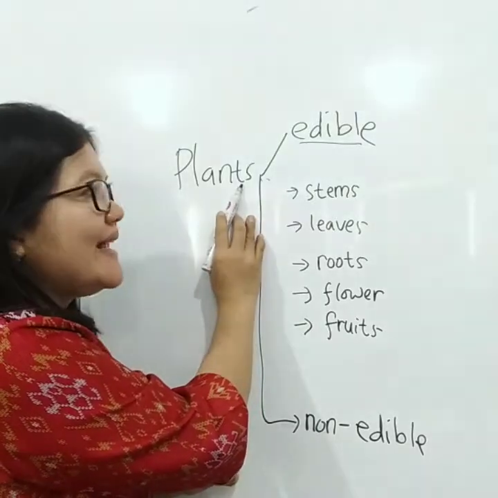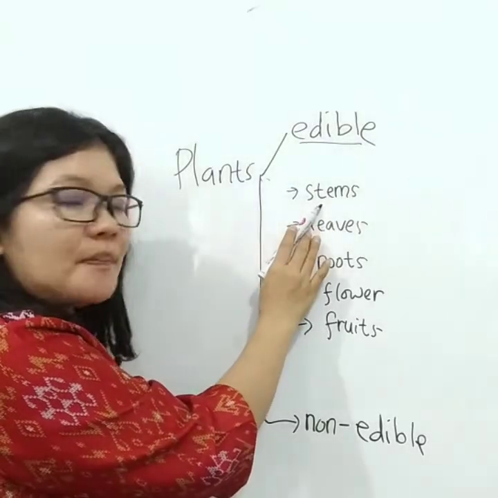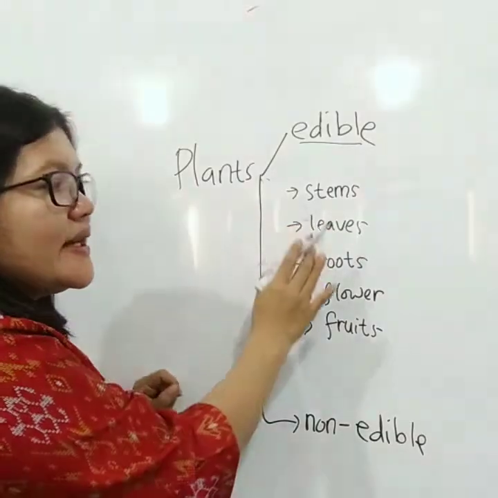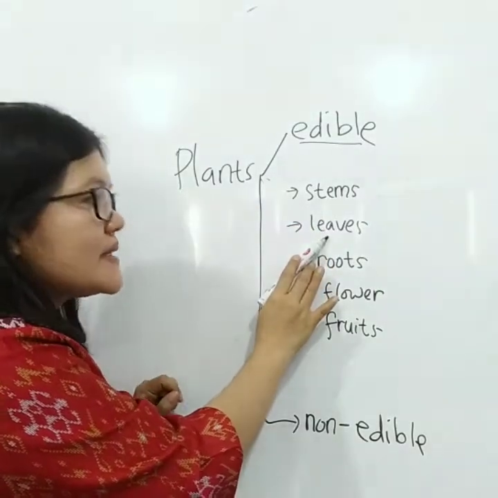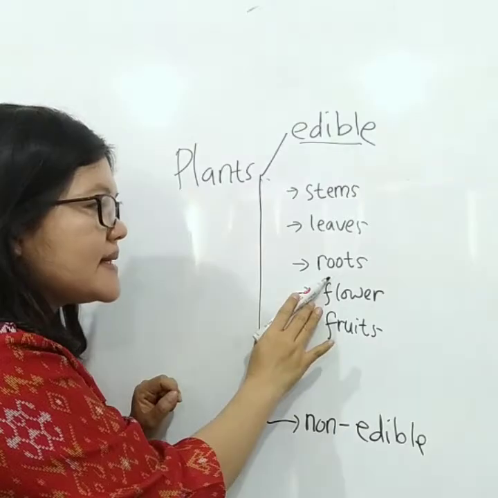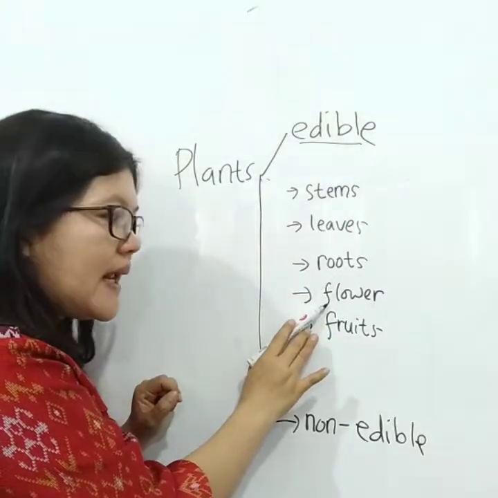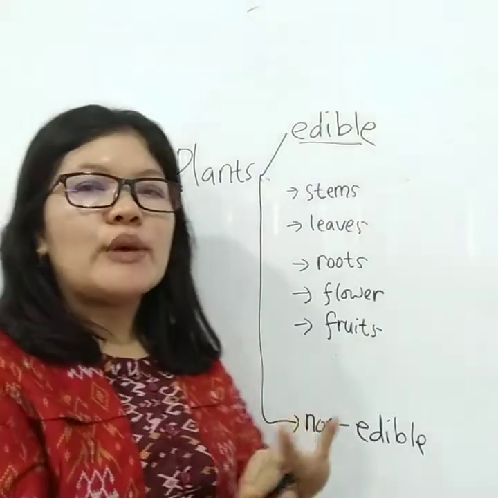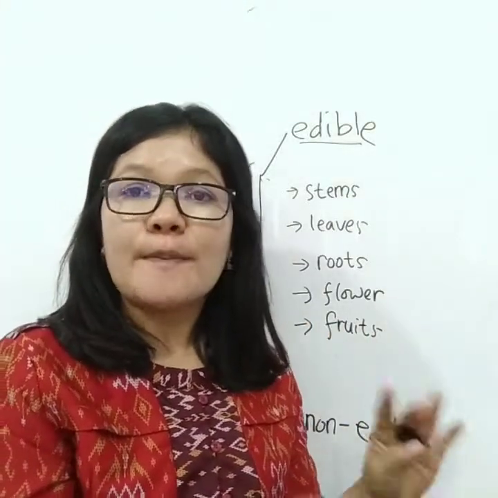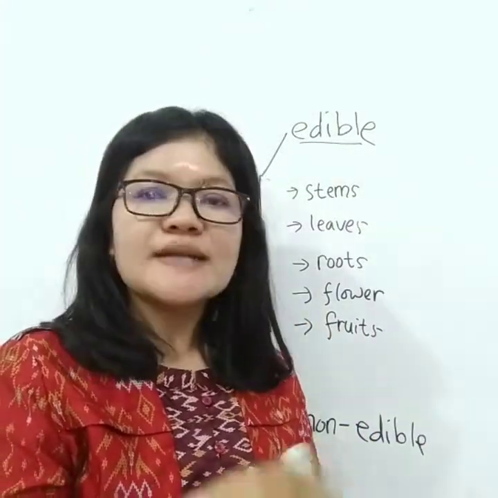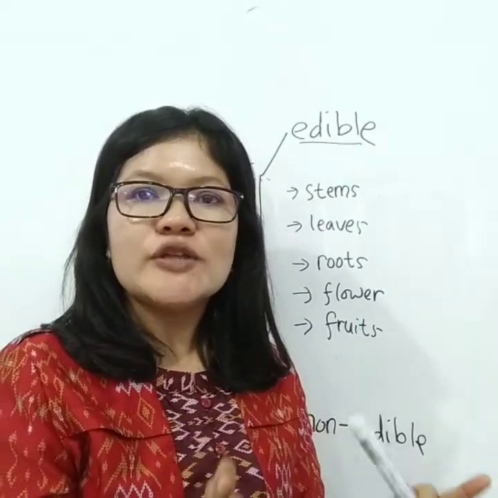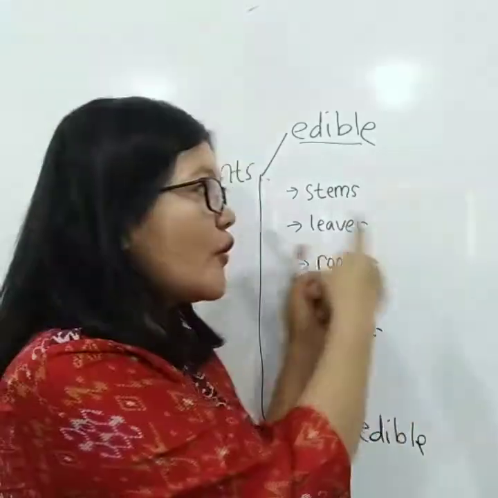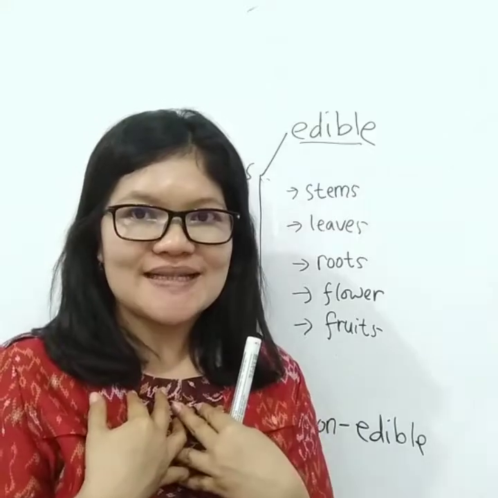Sometimes we can eat the stems of the plants, the leaves, the roots, the flowers, and the fruits of the plants. So when we learned last week about the parts of the plant, the plant parts are not only useful for the plants, but also for us.